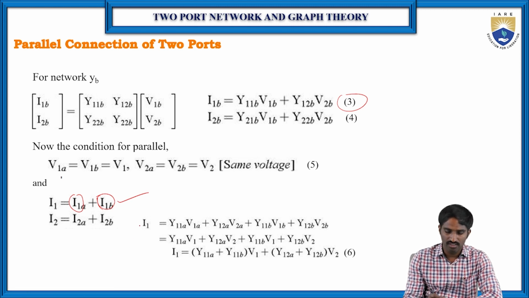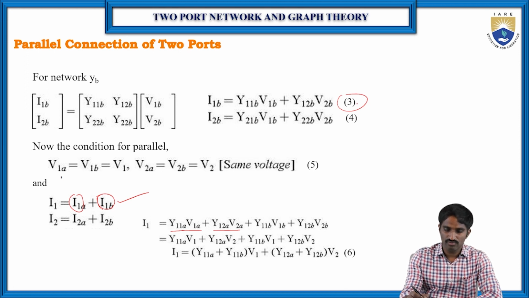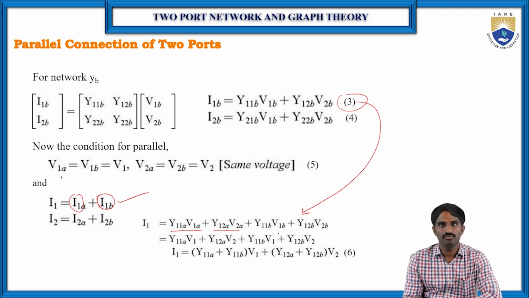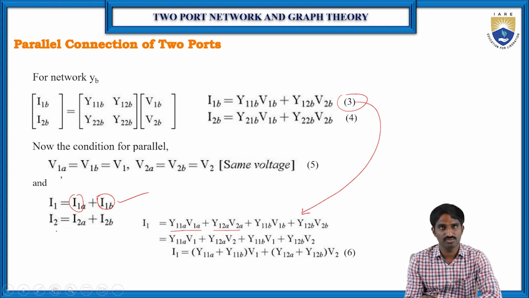Then substitute I1A is equal to Y11A V1A plus Y12A into V2A, and similarly I1B is equal to Y11B into V1B plus Y12B into V2B. Then if you simplify this, we should write the current equation in terms of the voltages.